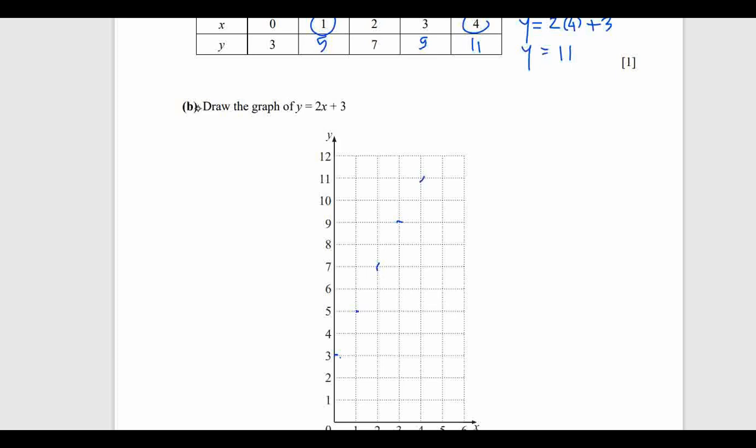And let's make a line from all these coordinates. Right, that will be the line.